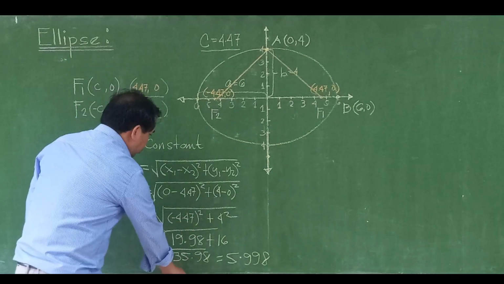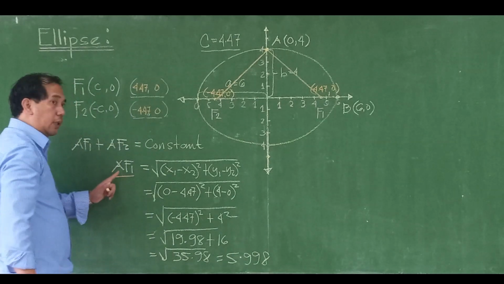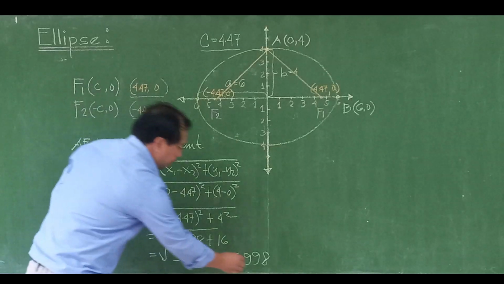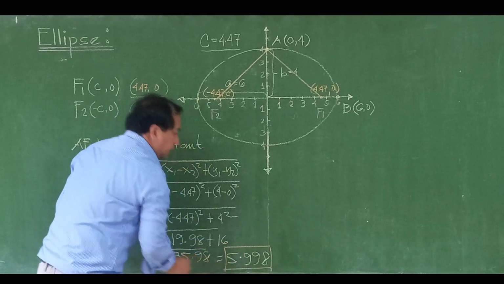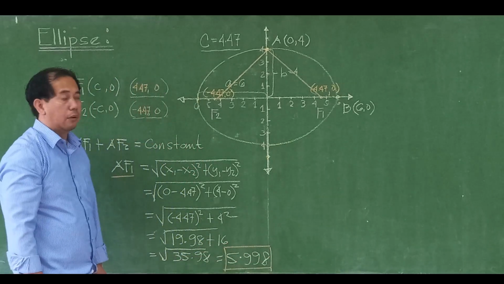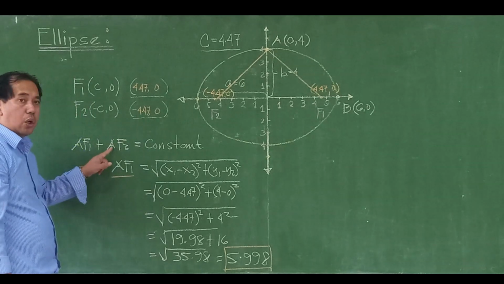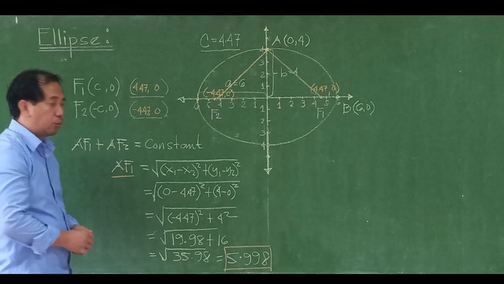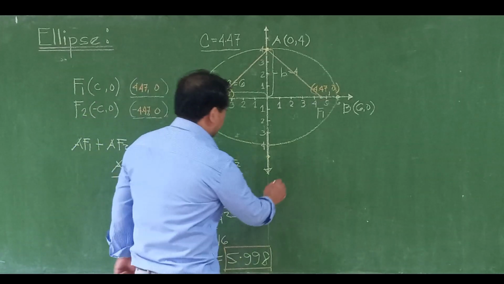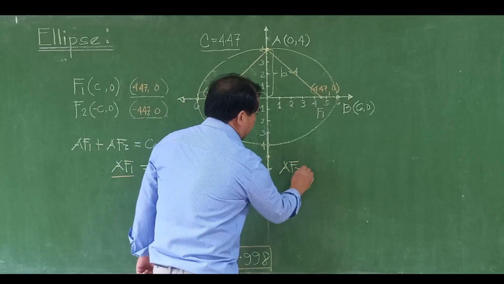Okay, so meaning to say the distance of point A to focus 1 will be 5.998. Okay? So what about the distance of point A to focus 2? We do the same. Let's try to have our equation so that we will be reminded.